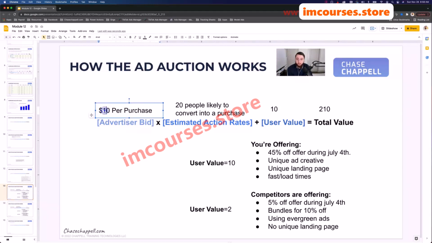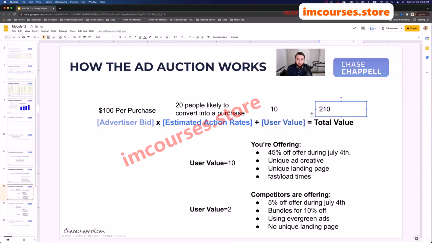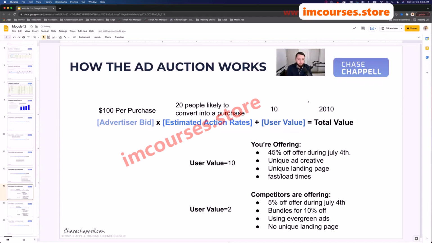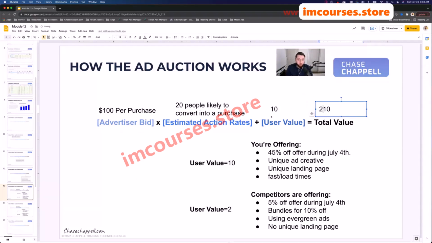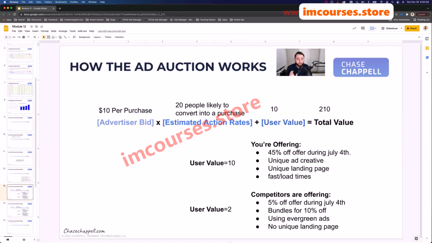This total value can continue to go up. If you're willing to pay $100 per purchase, which might not be realistic, it might be way over, that ends up making your overall total value significantly higher, right? So you want to balance what you're willing to pay. The system will determine how many people are likely to convert. Then it's going to factor in your user value, and then it's going to calculate the total value.